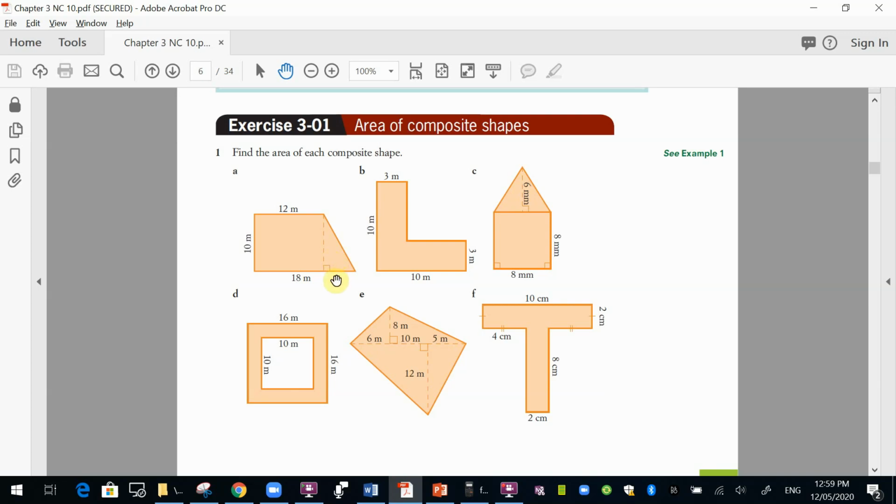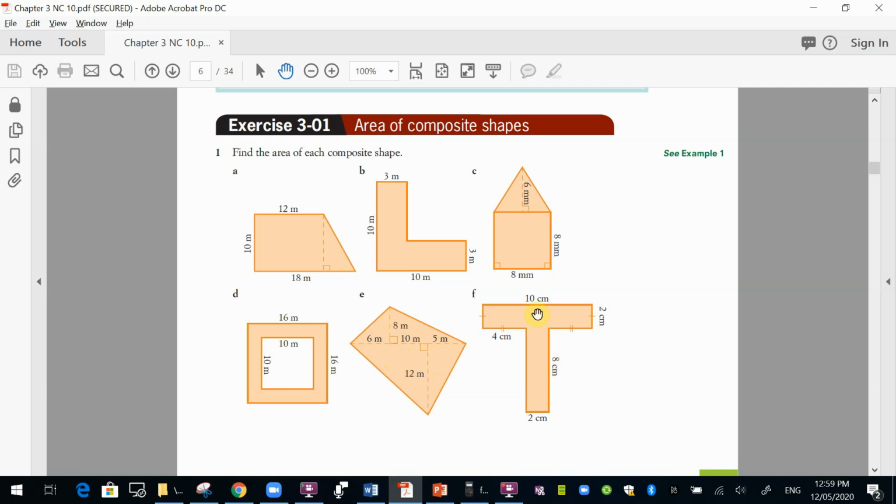You'll need to calculate a little bit what this length is, because that's our base and there's our height, and then you add the two together. Here we have a few triangles put together. For each one you work out what the base is, then you find the right angle to work out what the height is, and that's half that, and then just add them together.